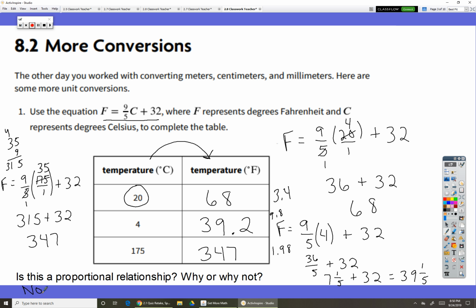No, it's not a proportional relationship. The ratios are not equivalent. That is the way to check to see if a table is proportional, is by checking to see if the ratios are equivalent. If they are not, then it is not a proportional relationship.